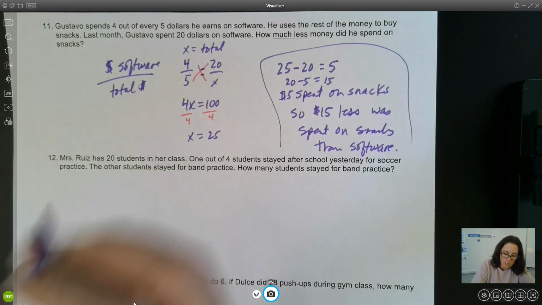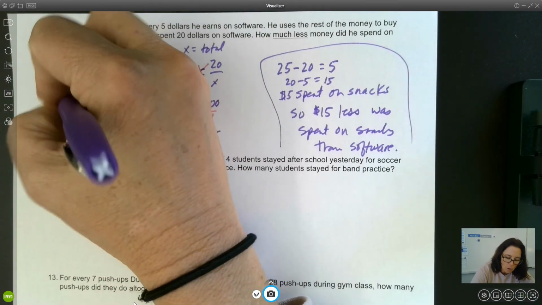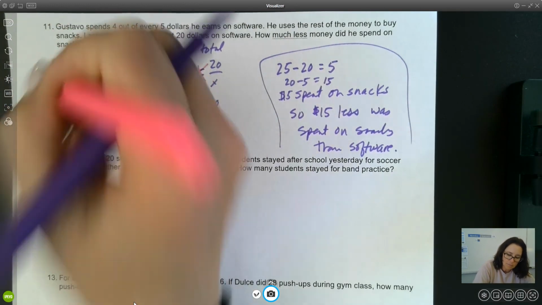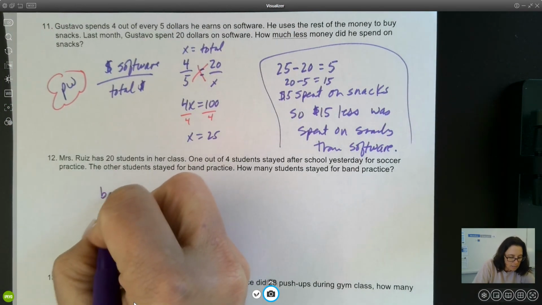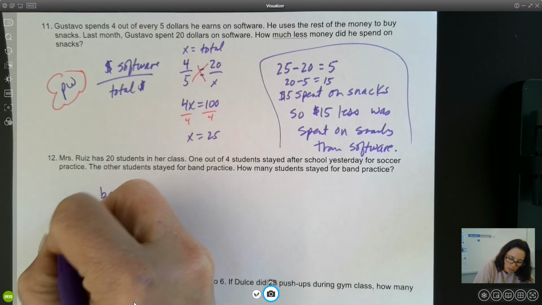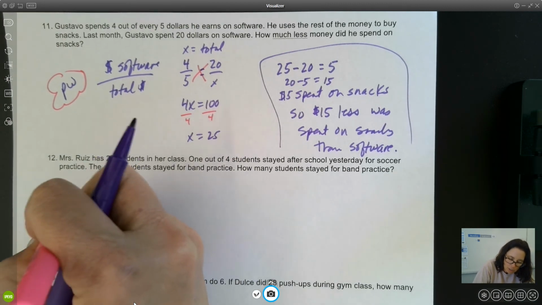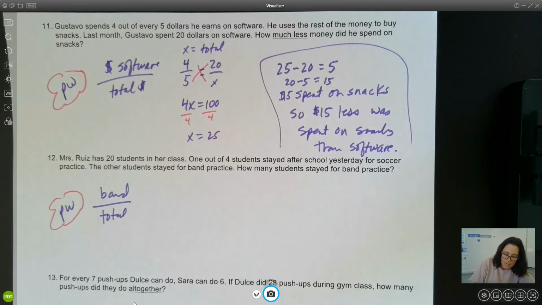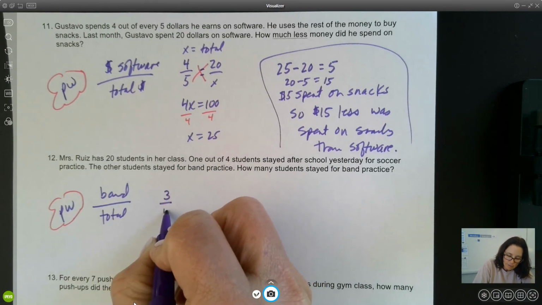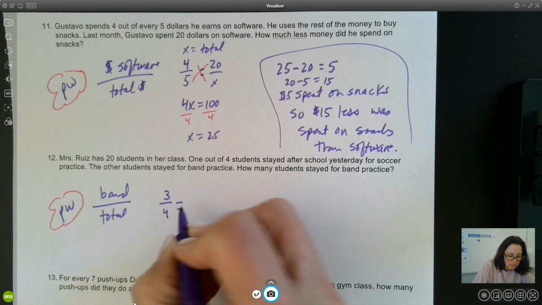Okay, so this was done as a part to whole. Forgot to put that again. Okay, so I'm going to do band students over total students. And this is a part to whole. Let me put it right now so I don't forget to put it. All right, so band students. We've got 3 that go to band out of the 4 students.